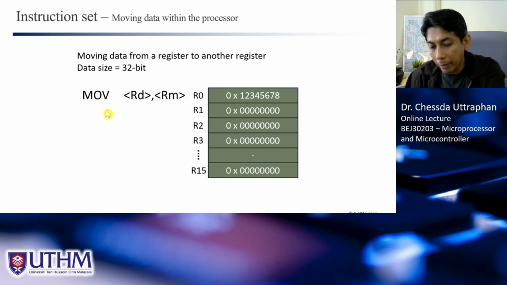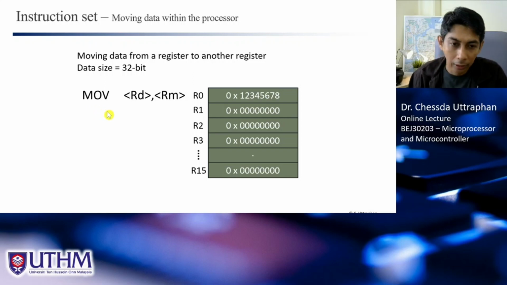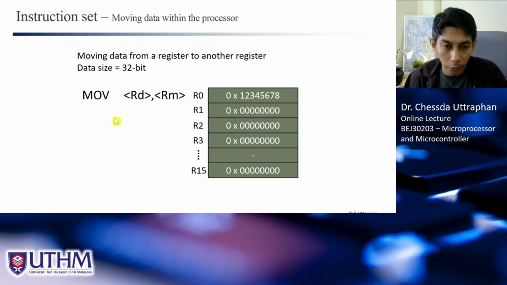If you learn any microprocessor that we have today, whether ARM, Intel, or a microcontroller like Arduino or the ARM microcontroller, this is an instruction that each microprocessor must have: Move. So the format is this: move, then the destination register. So destination first, before the source. The source is where the data that we want to get comes from.